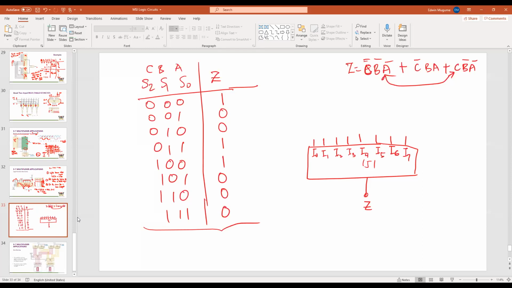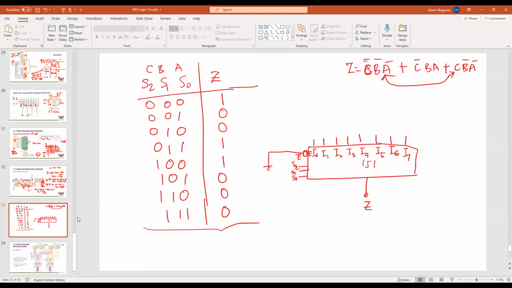Then you have your enable input. This is E connected to ground, E bar. And then you have your select inputs, which are S3, S2, S1, S0.